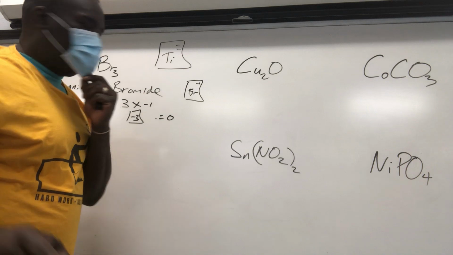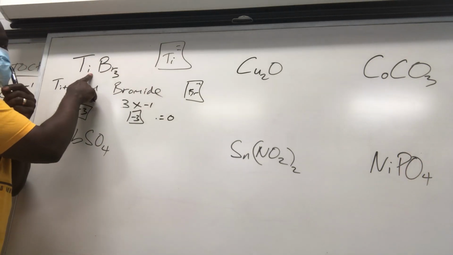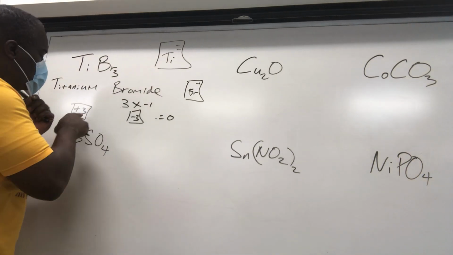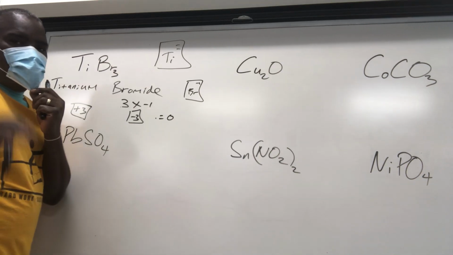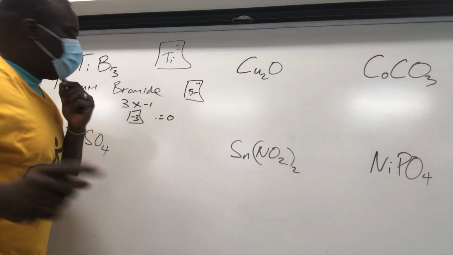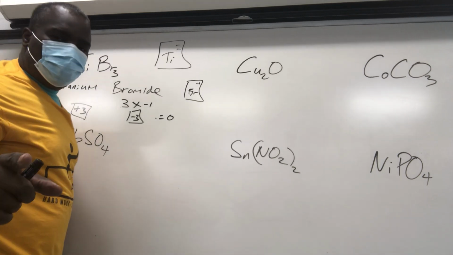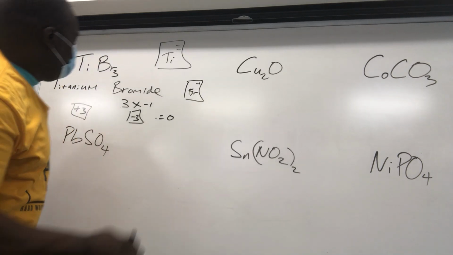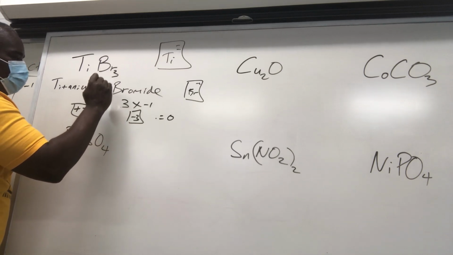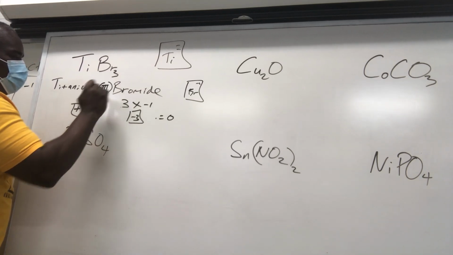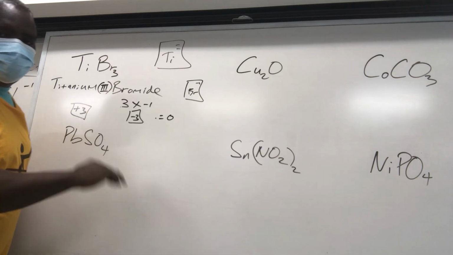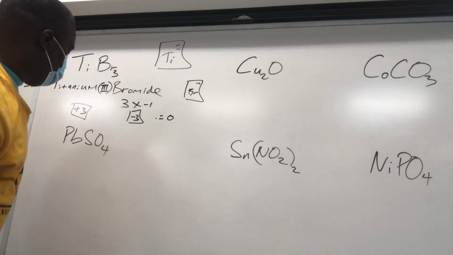Always for one. It just so happens we have one Ti right here, so this +3 is for that one Ti. Now all you have to do is represent this +3 for that one Ti with Roman numerals. You're good to go. So you put your Roman numeral 3 right here with parentheses around it. Titanium(III) bromide, done. You move to the next problem.